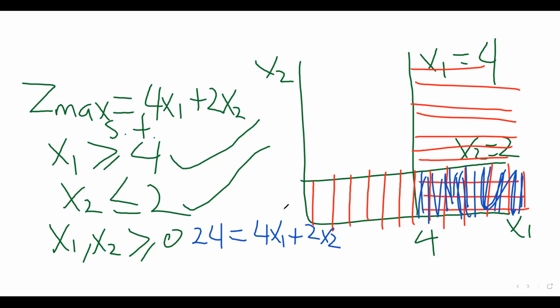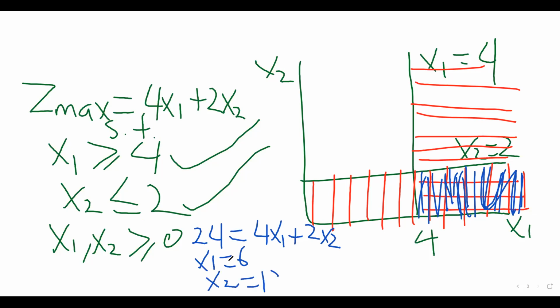If x2 is 0, then x1 is what? 6. If x2 is 0, x1 is 6. And if x1 is 0, x2 is 12.